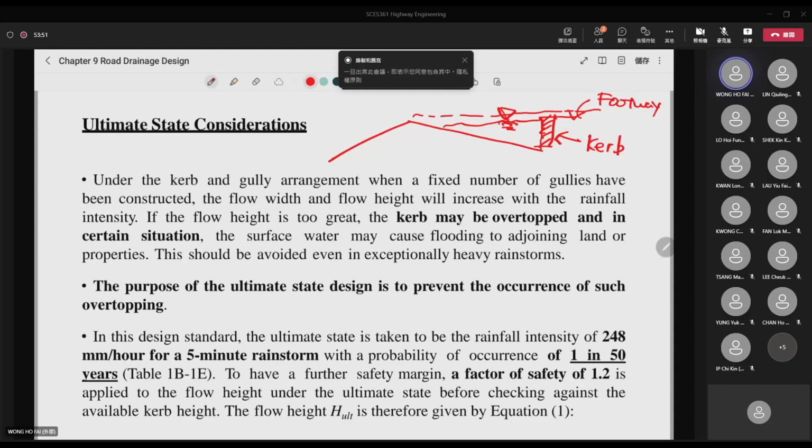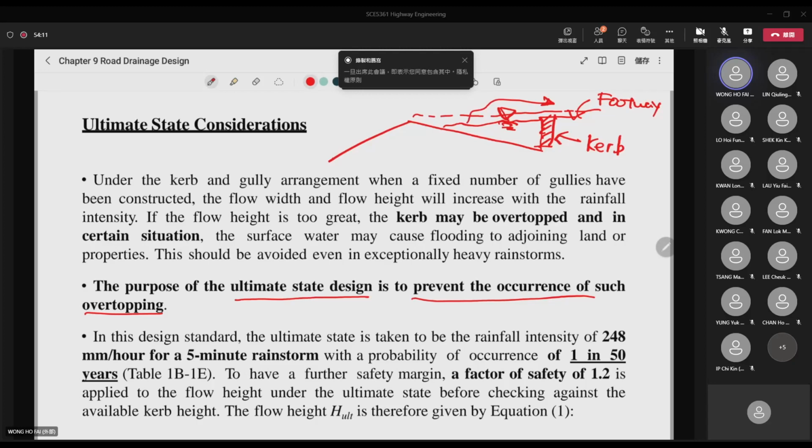So we don't want the water or the flood to overtop the footway. The purpose of the ultimate state design is to prevent the occurrence of such overtopping. We don't want the flood to flow onto the footway.